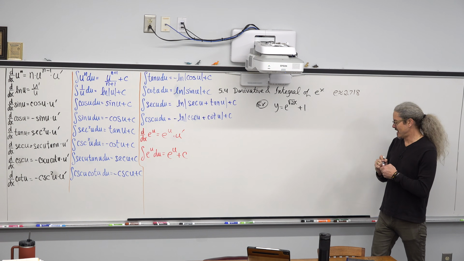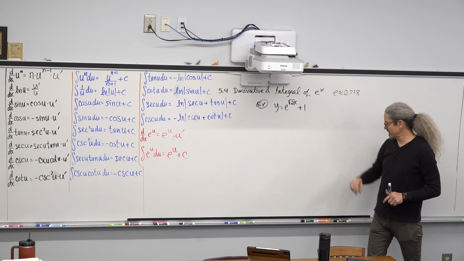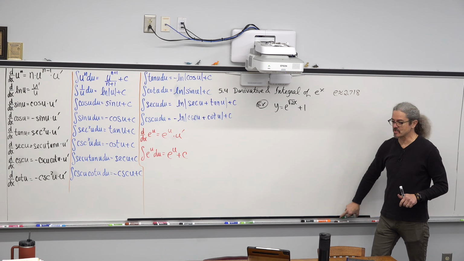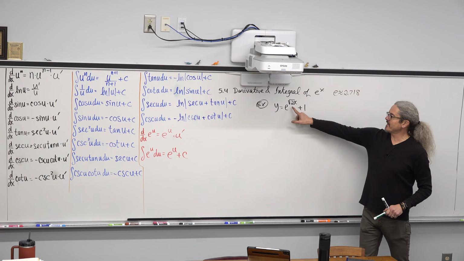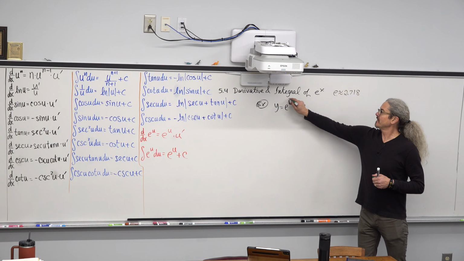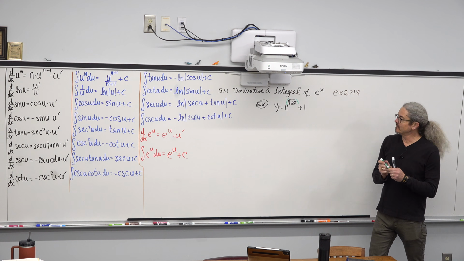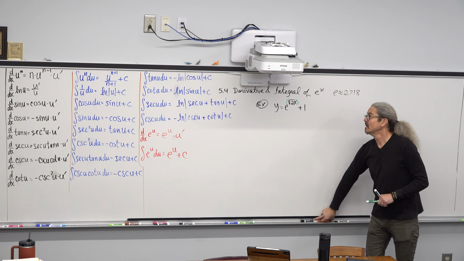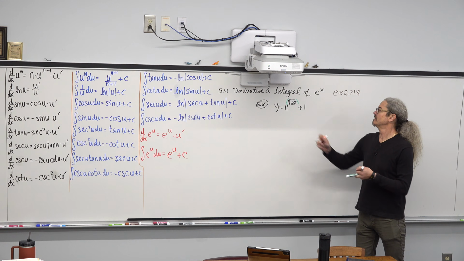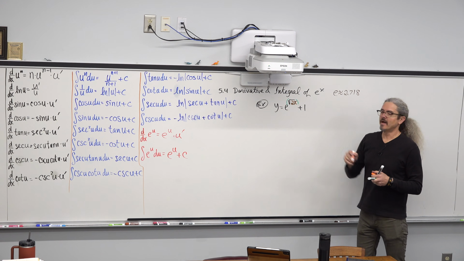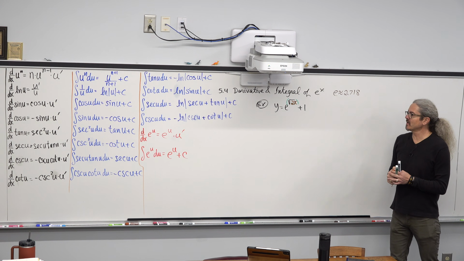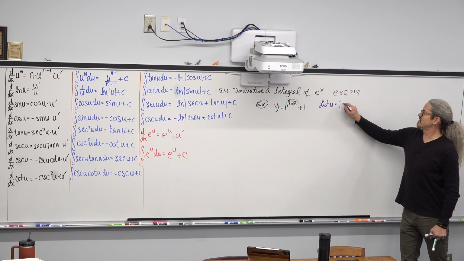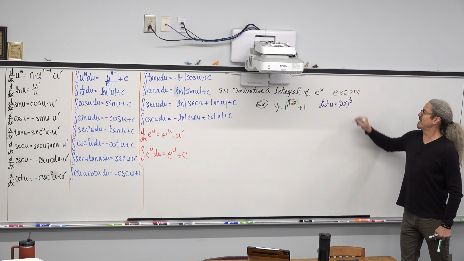I generally would not, but with the radical and having basically two compositions for this first example, you have a whole square root of 2x in the exponent of e, and then within the radical you have another composition of functions, which is that function of 2x. So if you want to take a little bit of time on the side, you can say u is going to be 2x to the 1/2 power.